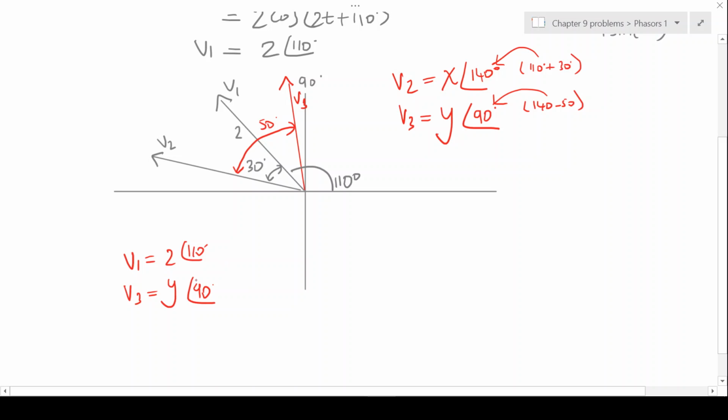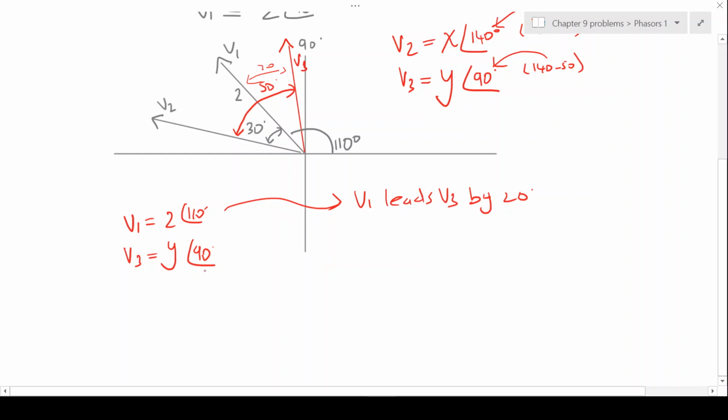Okay, and from this we should be able to see that V1 and V3, which sits there, so we can see that V1 is ahead of V3 by the difference between 50 and 30, which should be 20 degrees. So visually we can see this, right? So we can conclude by saying that the difference between 50 and 30 is 20. Therefore V1 leads V3 by 20 degrees.